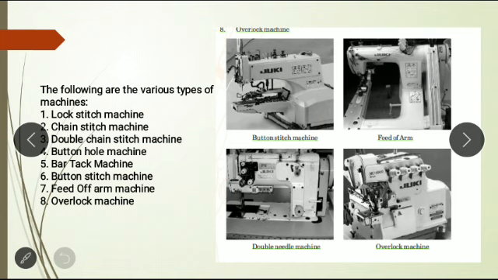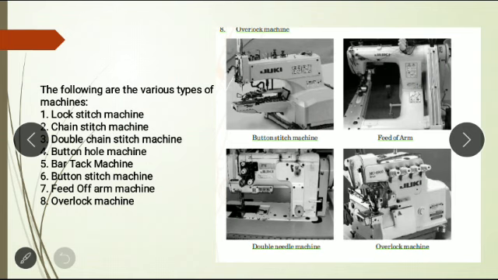Dear students, if we are making a shirt, we need a cuff machine, and we need buttonholes, we have to make holes so that we can put buttons on them. So for that we have different machines. For buttonholes we have a different machine. For button attachment we have a different machine. For ironing we have a different machine.